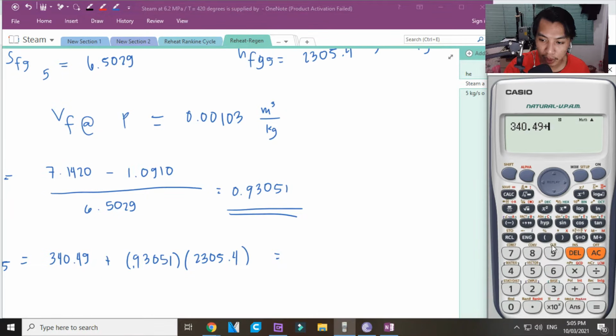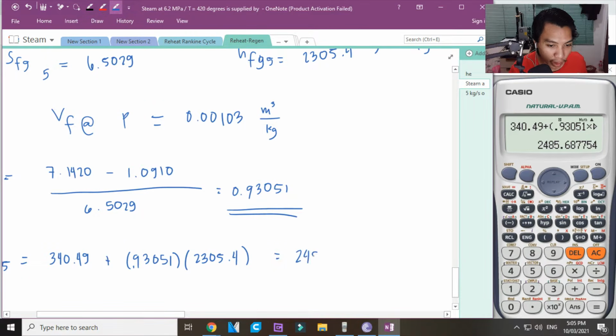H5 is 2485.6876 kilojoule per kilogram. Now we have H6.